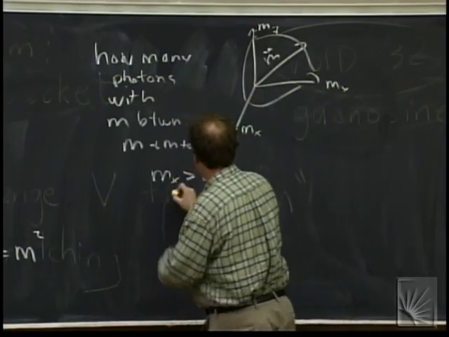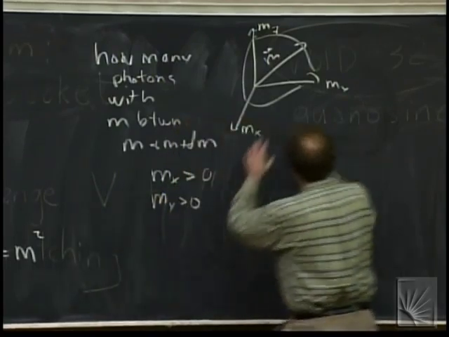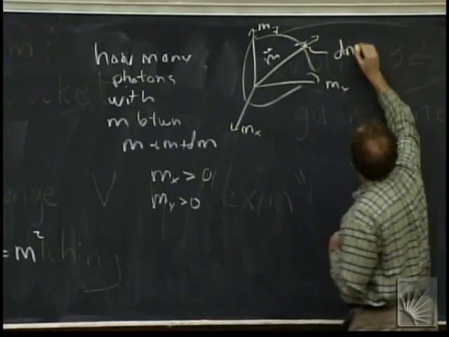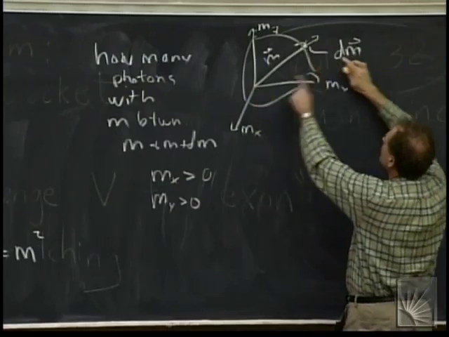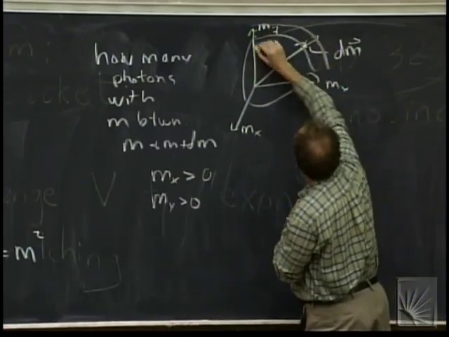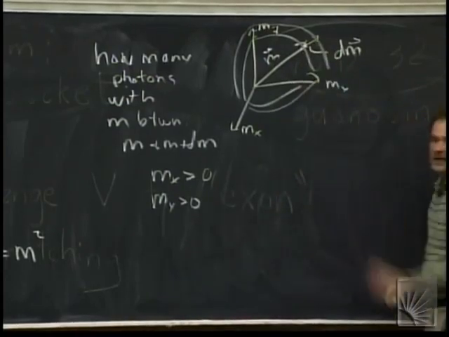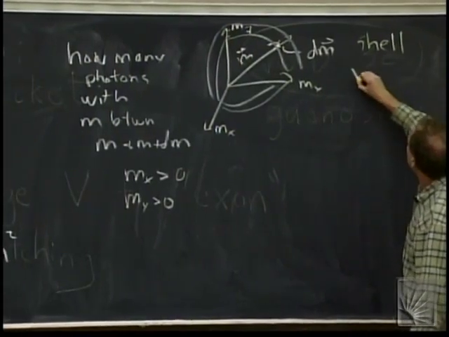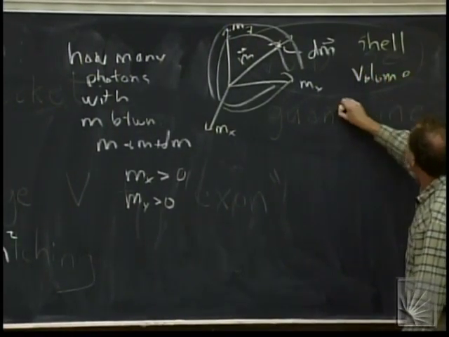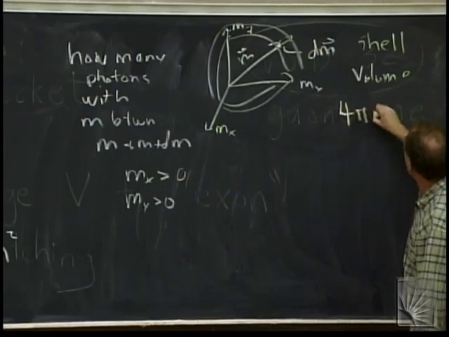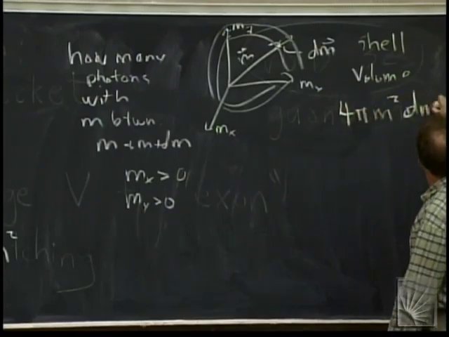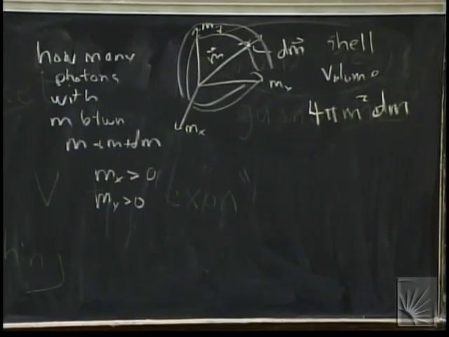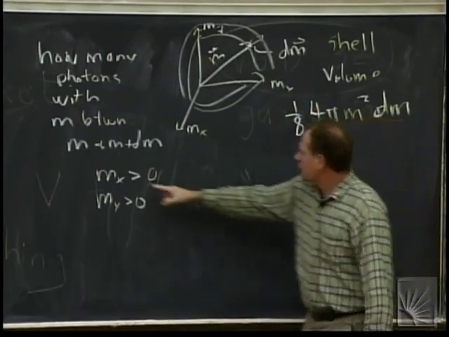So if I'm thinking about a vector with length m and a thickness dm, this is just a shell. The volume of the shell, if it was a full surface, would be 4 pi m squared dm. That's the volume in a shell in m space. But I'm only talking about m greater than 0.